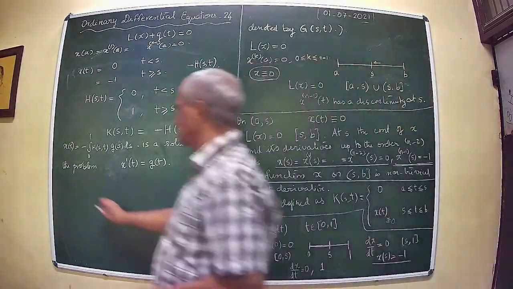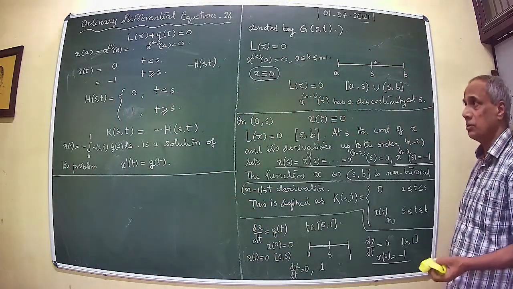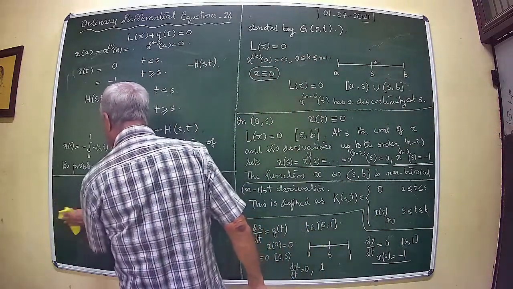So that I leave it to you to verify. But maybe this is too trivial to give you some insight into the problem. So let me do a more non-trivial case.